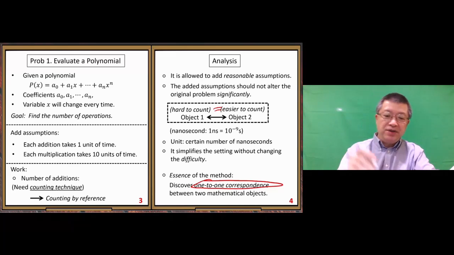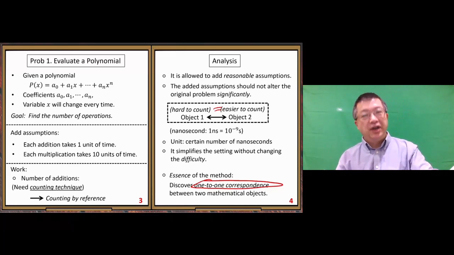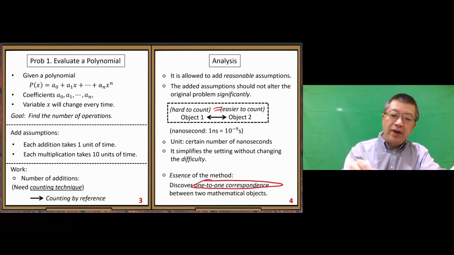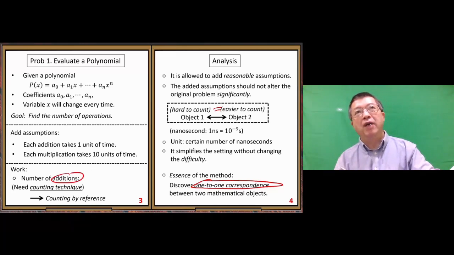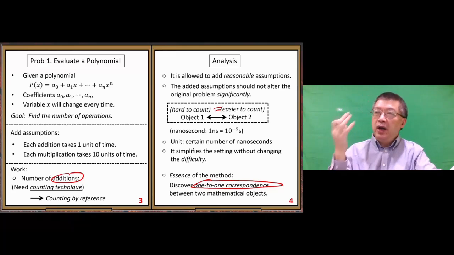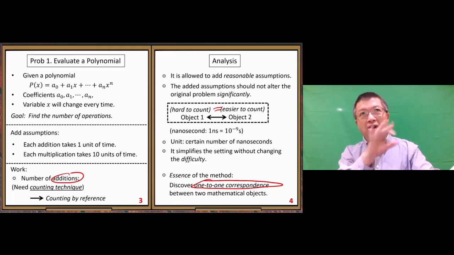Let me use this example to illustrate the effectiveness of this method. We want to count the number of additions in this polynomial. We treat the addition as the mathematical object, and we want the number of elements in this object.